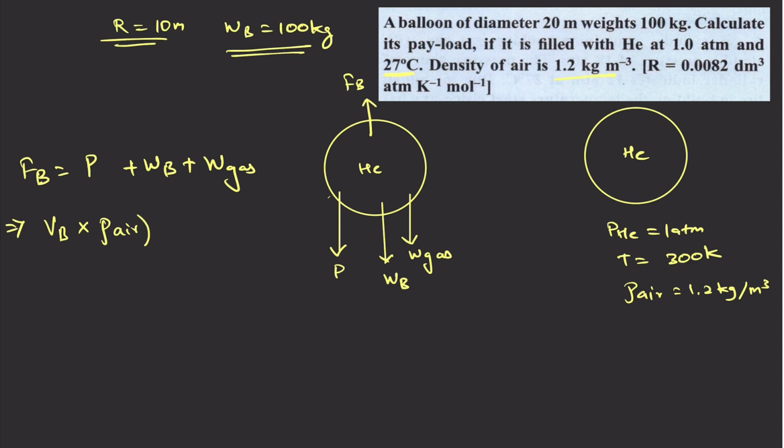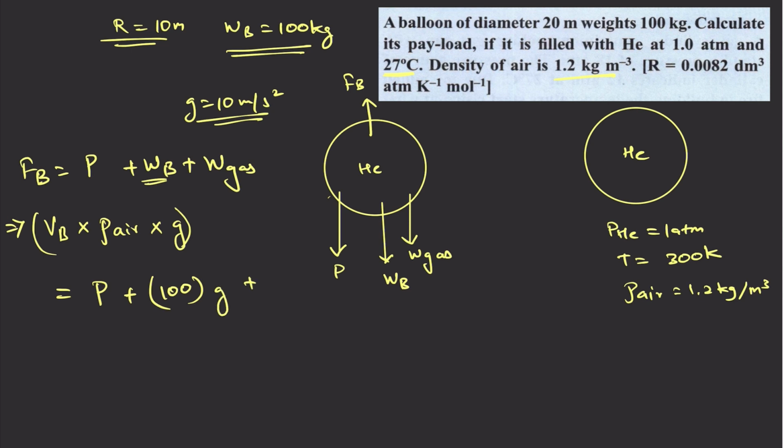You can directly substitute it, multiplied by g. G is the acceleration due to gravity. You can take g as 10 meter per second square as an approximation. This will be equal to payload P plus weight of the balloon. Weight of the balloon is given as 100 into g, this is in kg. You don't need to convert it, you can keep it in kg only, plus the weight of the gas.